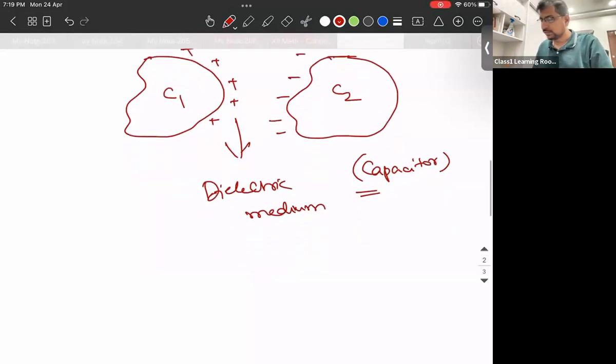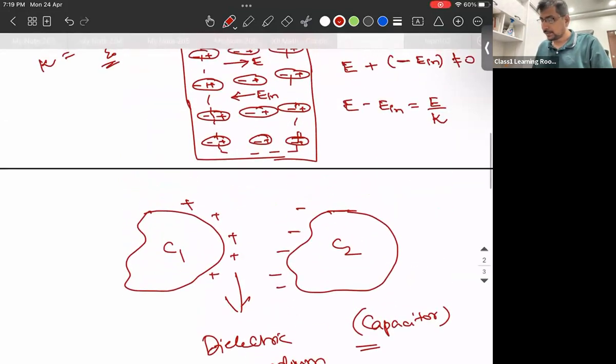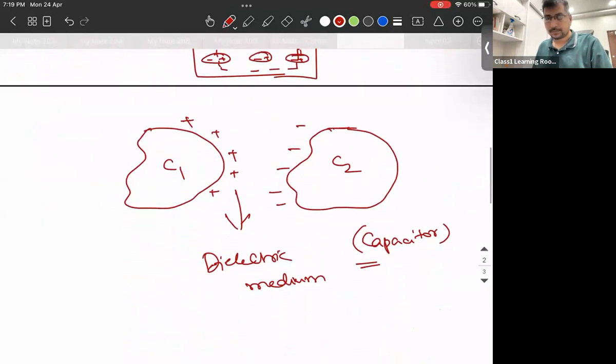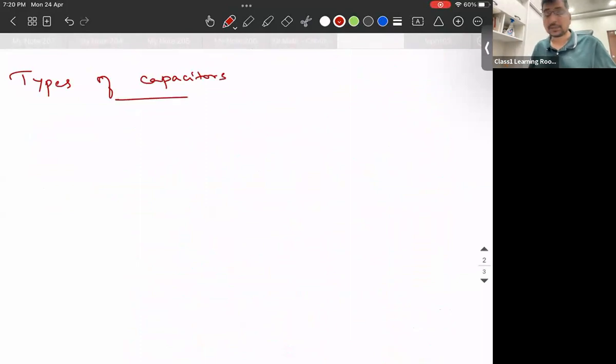So having said this, observe. When you talk about the types of capacitors, there are three types.